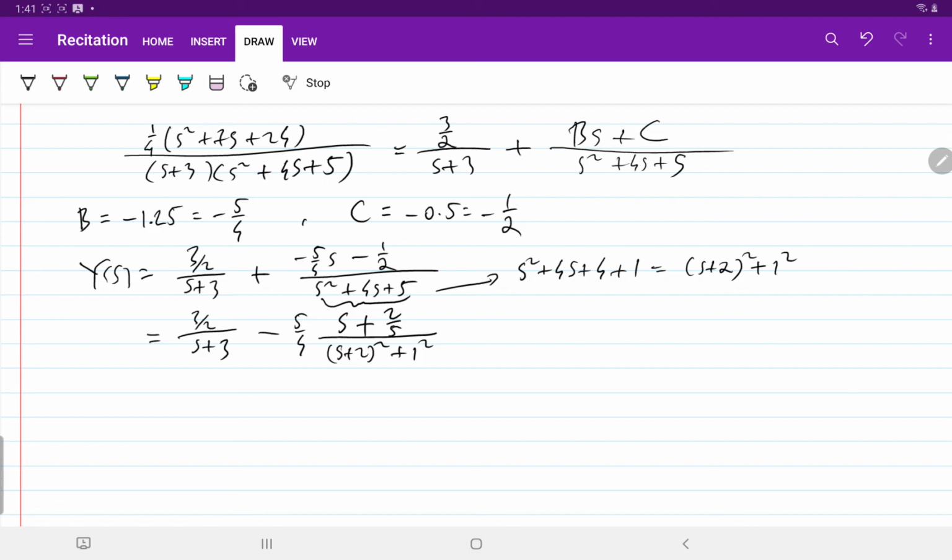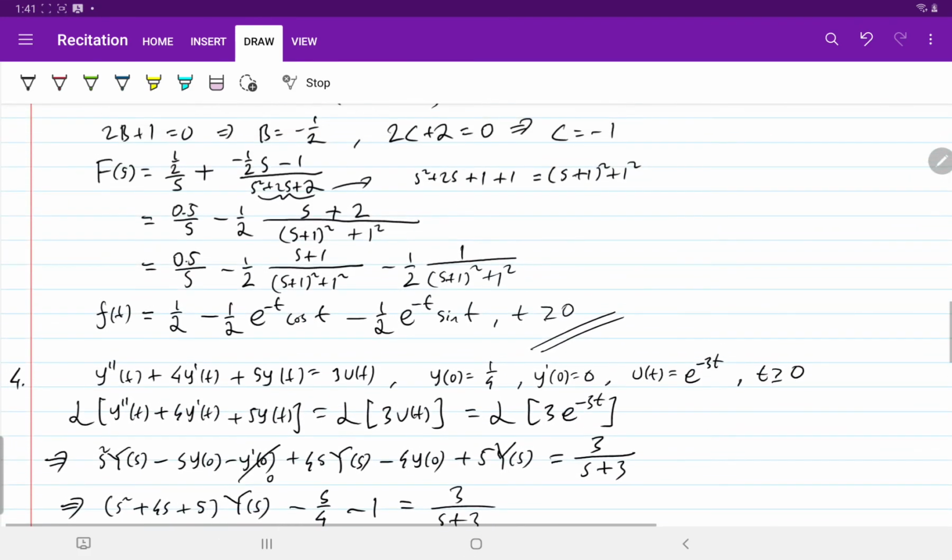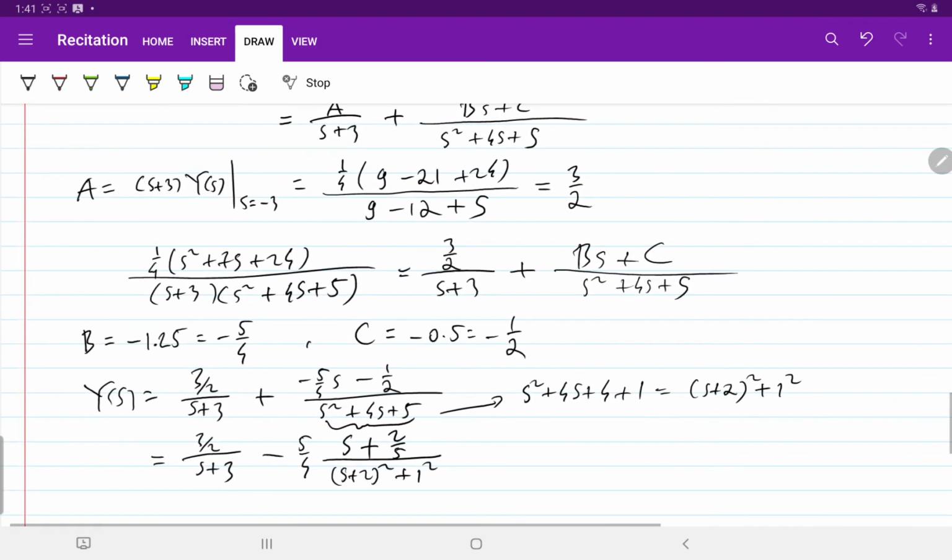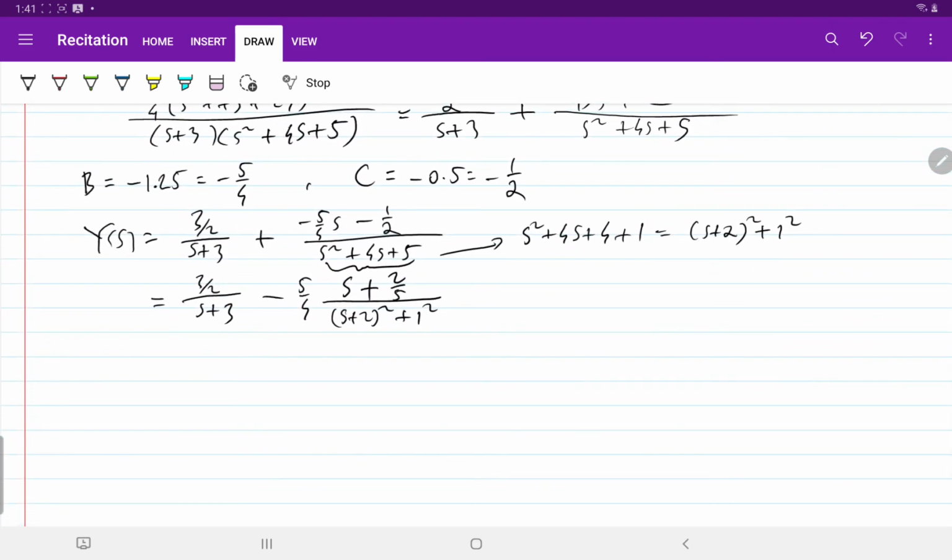Okay, so this is correct, but the thing is we have s plus 2 here. So if we want to use this term, we should have a similar term. So we need to rewrite this again. Since we have plus 2, we don't have plus 2 here, so let's add plus 2 and then minus 2. Since plus 2 and minus 2 don't change anything, let's continue.